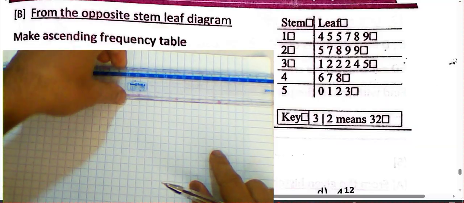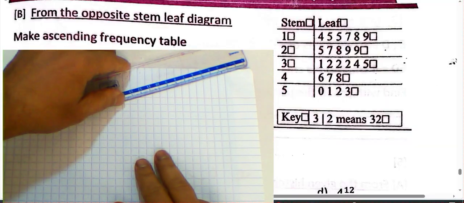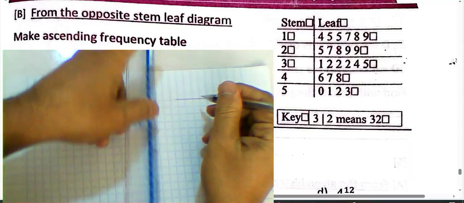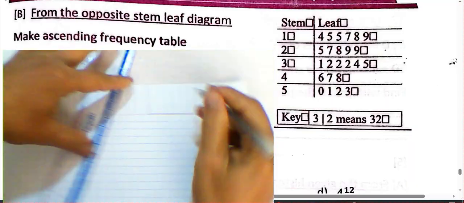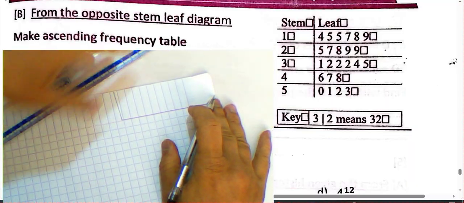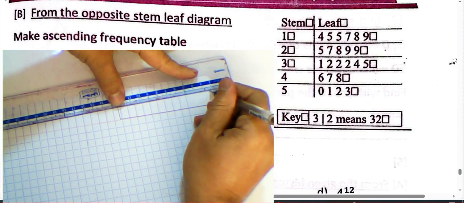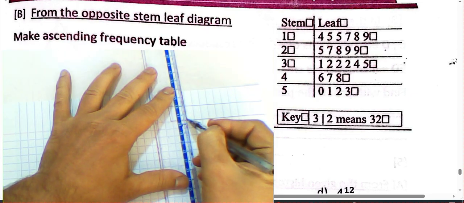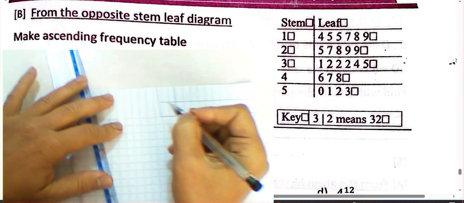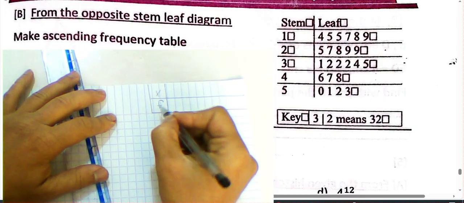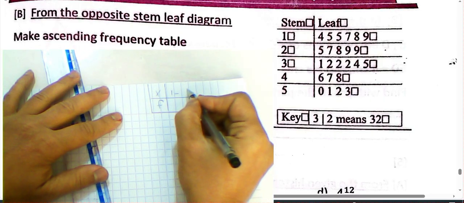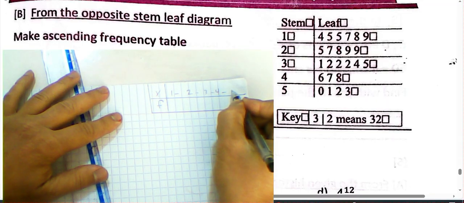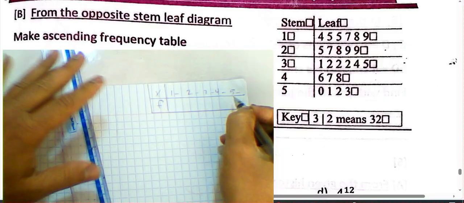First step, we draw the table containing frequency and sets and the interval also, okay? Like this. Draw with me, my students. We have here sets and frequency. The sets are from 1 to 2, 2 to 3, 3 to 4, 4 to 5 and 5 to 6.